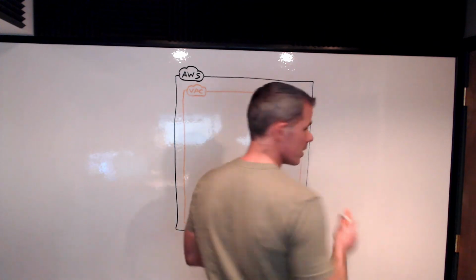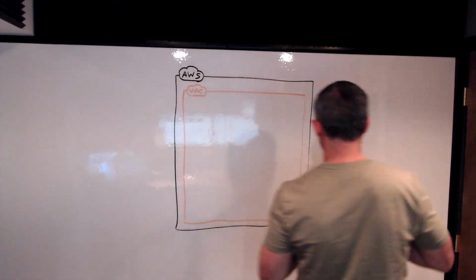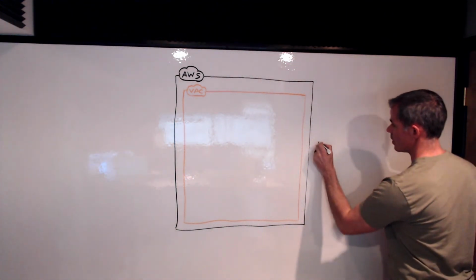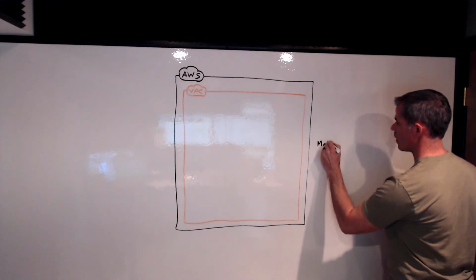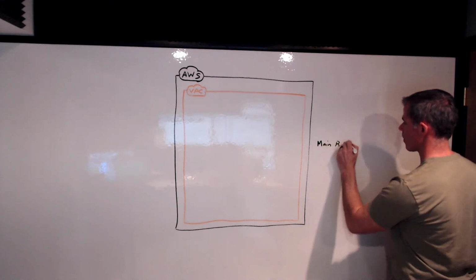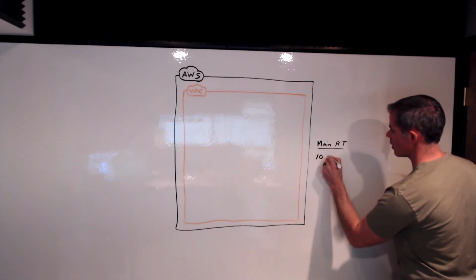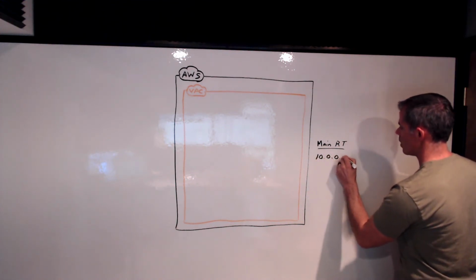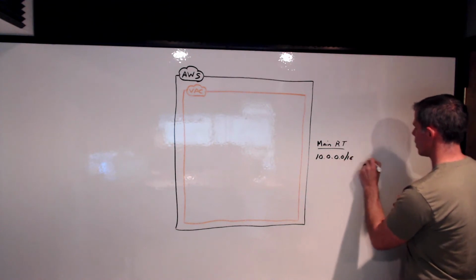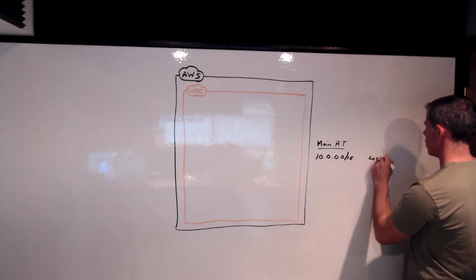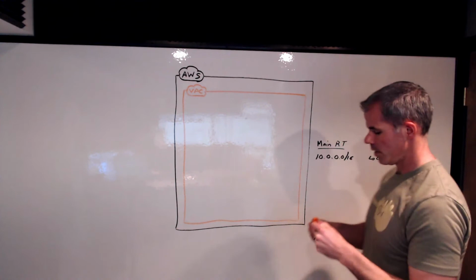The next thing I'd like to draw is our main route table. I'm going to say this is my main. The reason I'm drawing it out is so you guys can see everything that goes into it. All right, /16, we're going to say that is local. Perfect.